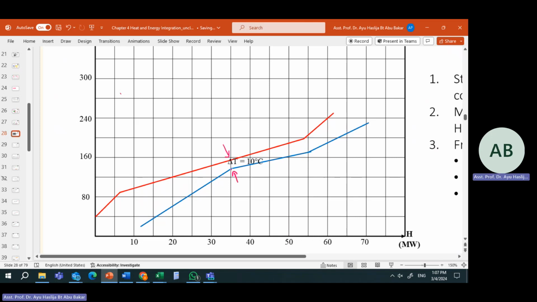This is the pinch point. You must have your delta T min. Set your delta T min. Remember the delta T min is the temperature that drives the heat transfer.